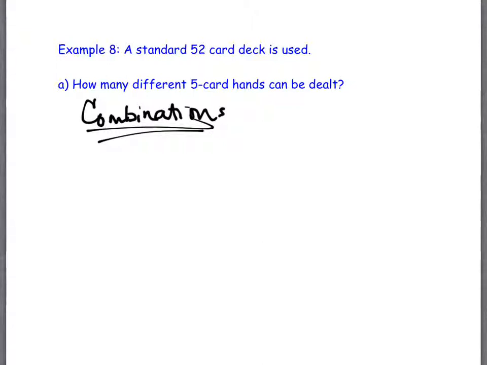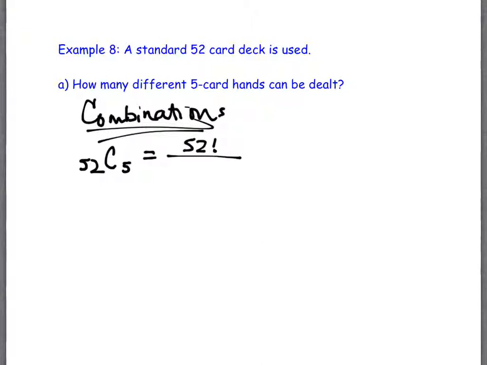So what we want to know on the first question is how many different 5-card hands can I have? How many cards are there to choose from? 52. And how many am I choosing? 5. So this is 52C5. All right. So in the numerator, what will I have? 52 factorial.